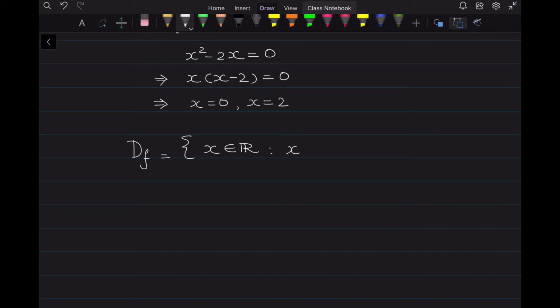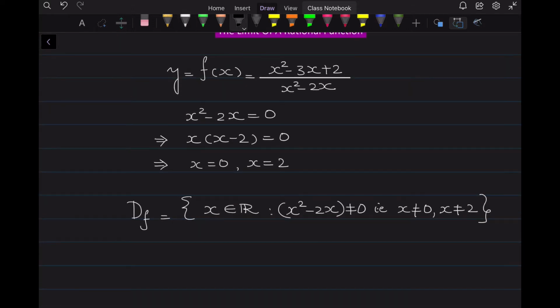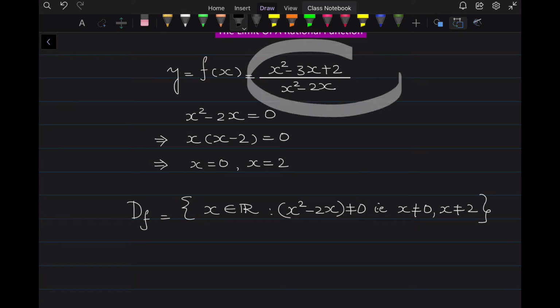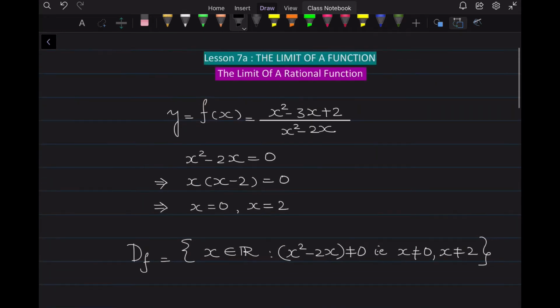So x squared minus 2x is not equal to 0, which is the same as saying that x is not equal to 0 and x is not equal to 2. Because only in this case is this expression defined. So we are now ready to discuss the limit of a rational function as x approaches a using this example.